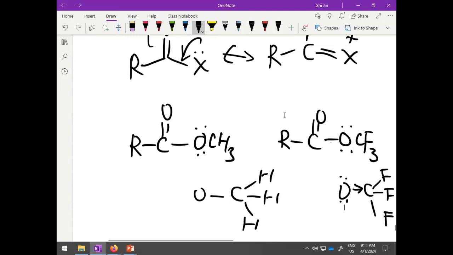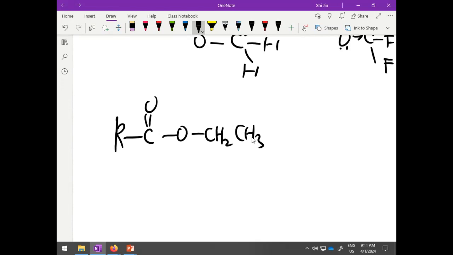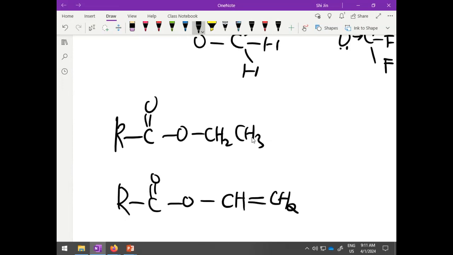Now another example, where we can apply the same principle to answer the question. Now I have this CH2 and the CH3, and I have this one, O and CH. Which of those two esters has a more stable carbonyl? The top one.